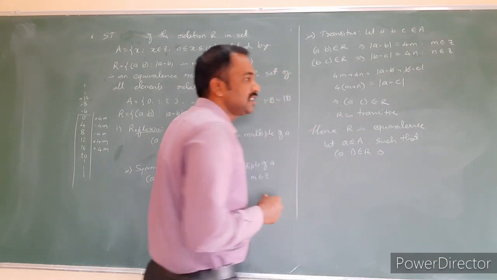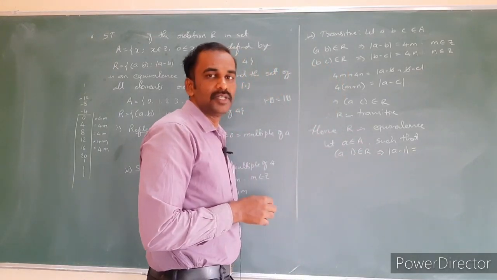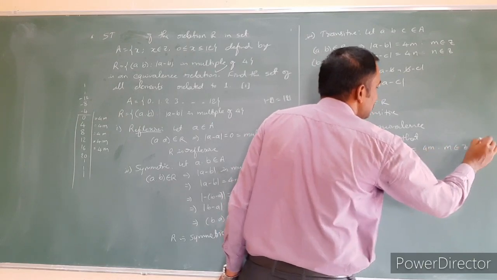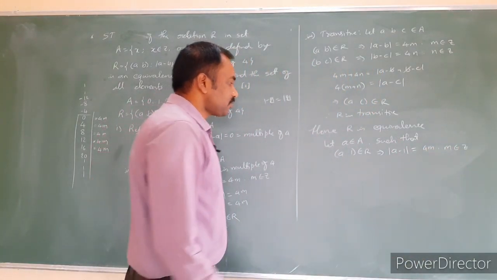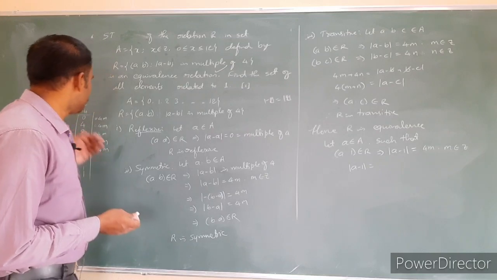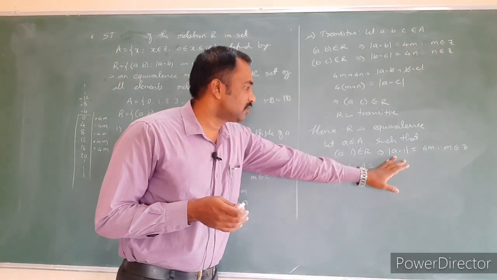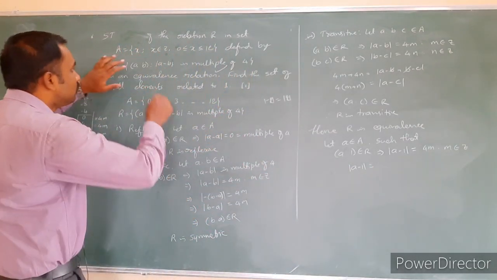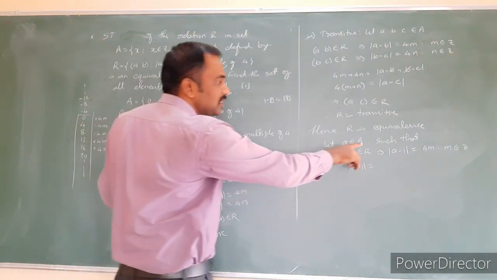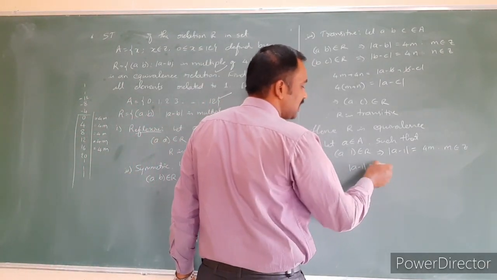Since (a, 1) belongs to the relation, we can write mod of a minus 1 is a multiple of 4. Multiple of 4 is again 4m, provided that m is any integer. Now mod of a minus 1 is a multiple of 4. What are the multiples of 4? But for these multiples we have to choose a value of a from out of this set only, because a belongs to the set A. What are the possible values we might get after simplification?